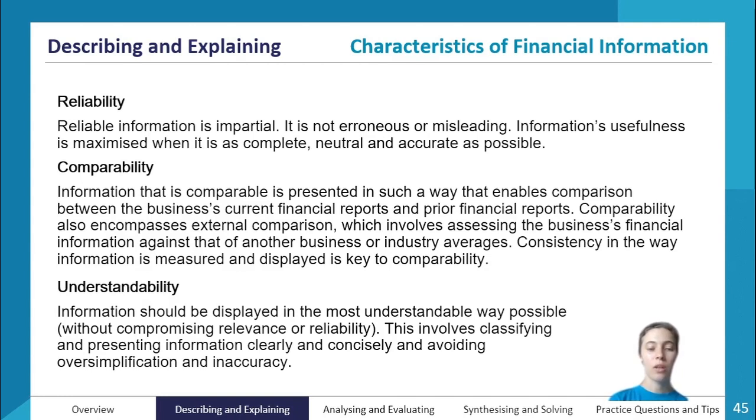In order to achieve this, you want to classify and present information clearly and concisely, and also avoid oversimplification and inaccuracy. So yes, you want it to be straightforward, but you can't oversimplify things because that would misrepresent the information and jeopardize that reliability as well.